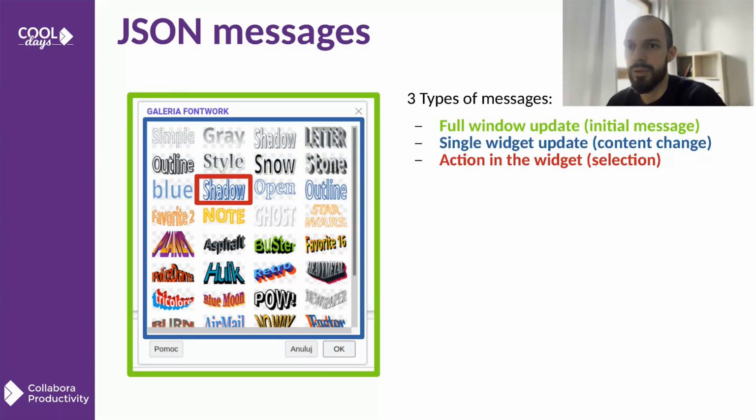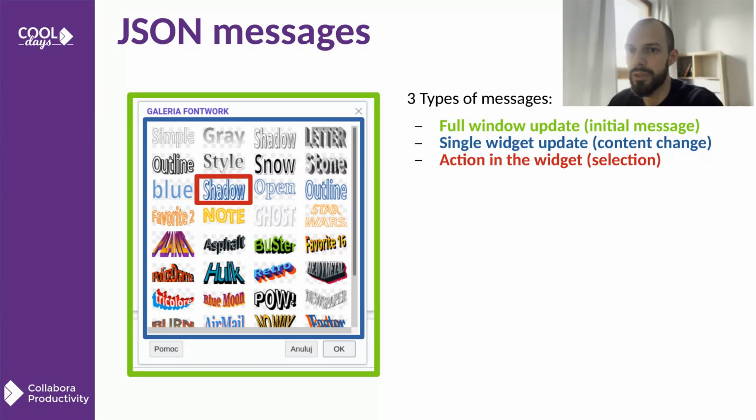In JSDialogs, we have three main types of messages. The first one is the full window update. This is the initial message we should send and process by the builder. It simply builds the whole component. Then we can send single updates, which recreate a single widget inside of the component, or we can send small actions, which just do some changes inside the widget without rebuilding it.